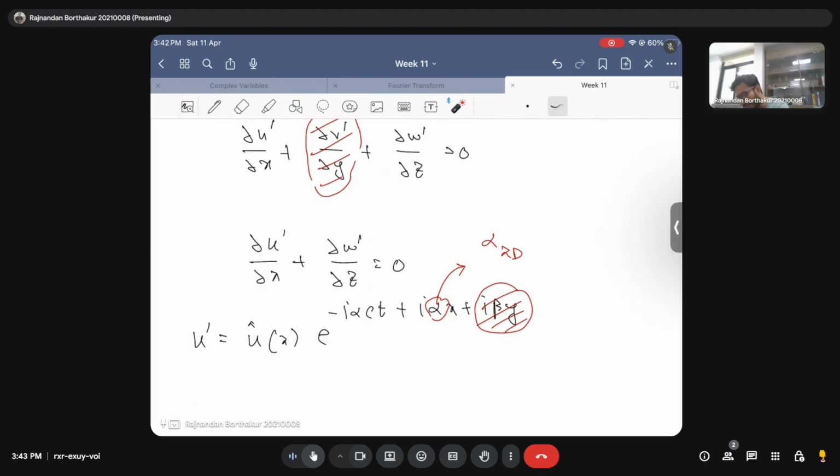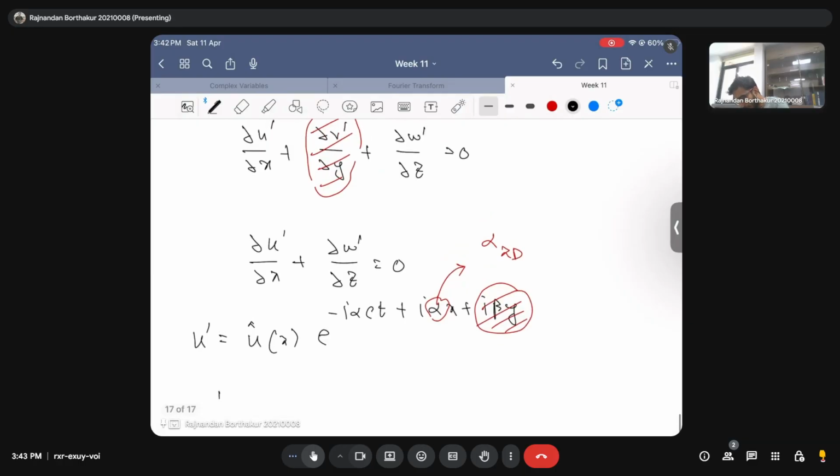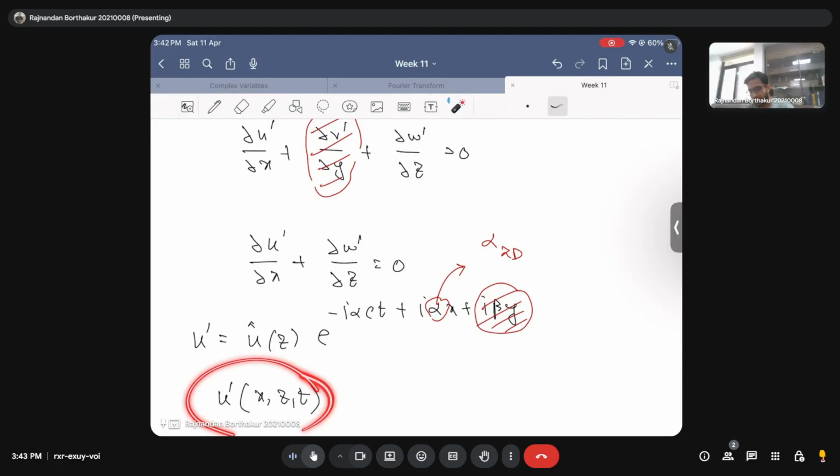So this u dash will be a function of x, z and t, but it will not be a function of y. I hope you understand why now this u dash is a function of x, z and t.